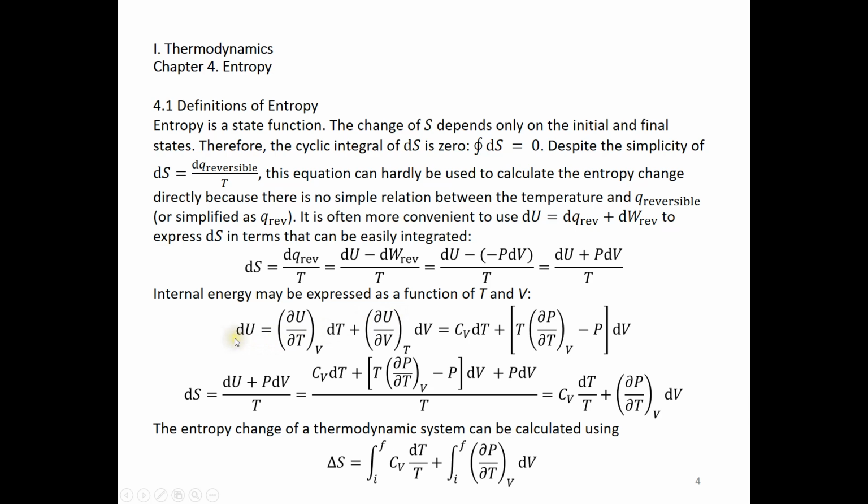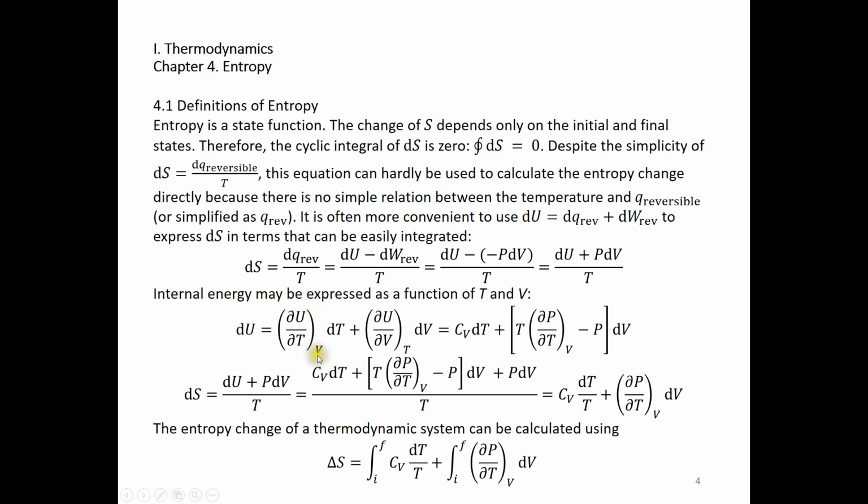Therefore, dU can be expressed in terms of dT and dV. It's ∂U over ∂T times dT plus ∂U over ∂V times dV. Now let's examine this part. ∂U over ∂T under constant volume condition is simply the isochoric heat capacity.